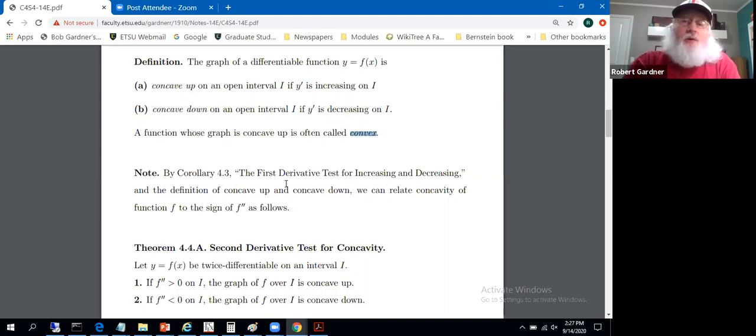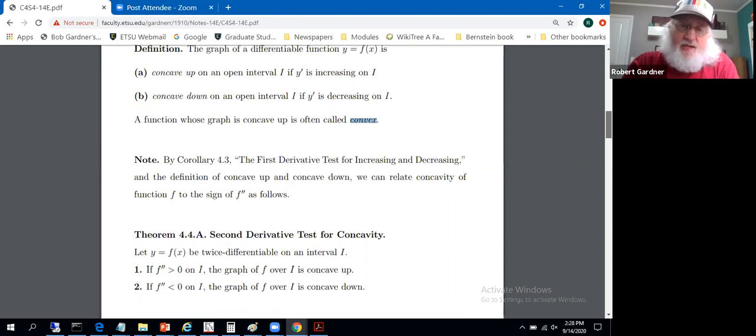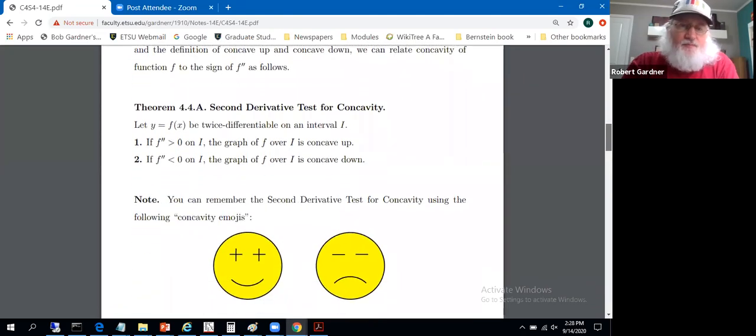So here, the thing we're interested in is y prime. Its rate of change would be y double prime, or f double prime if I use that notation. So we see that we can relate concavity to the sign, S-I-G-N sign, not trig sine, the sign of the second derivative of the function.